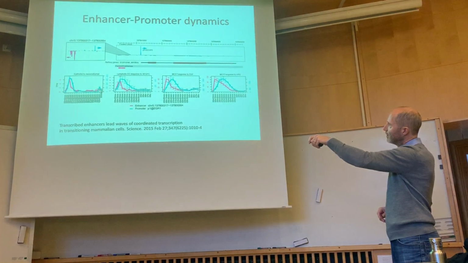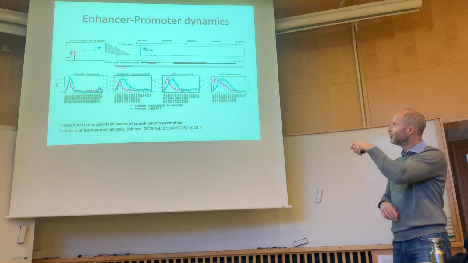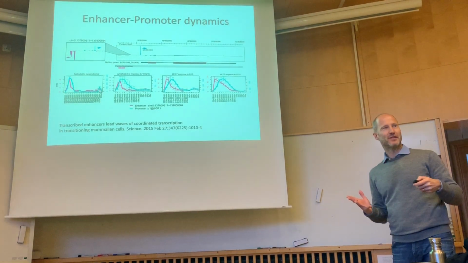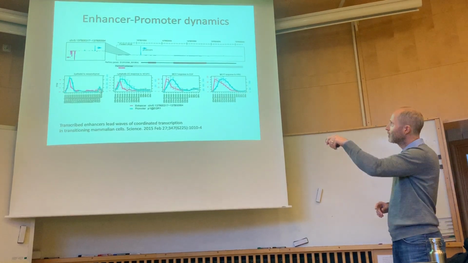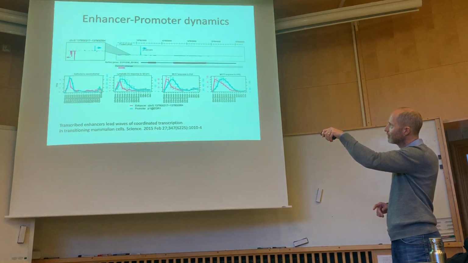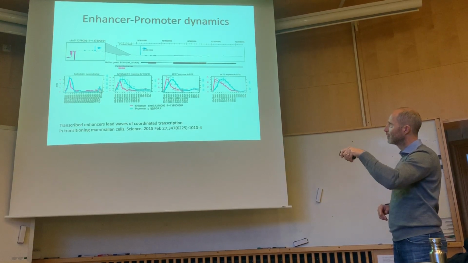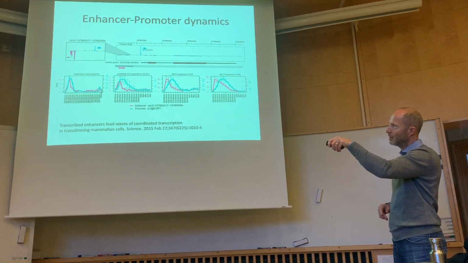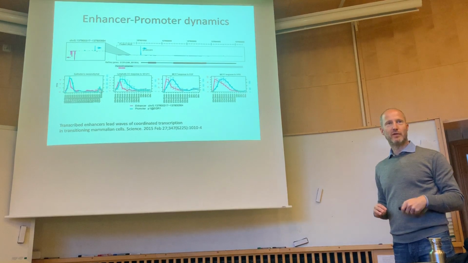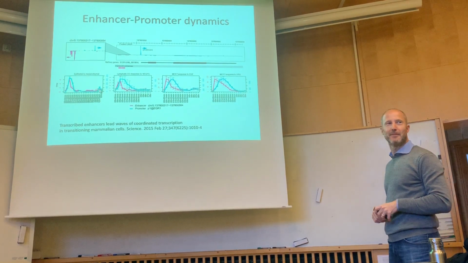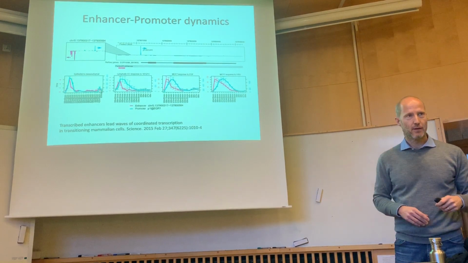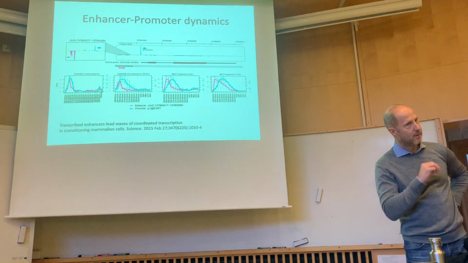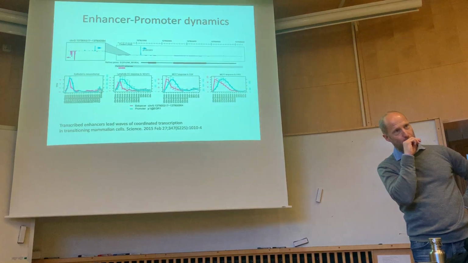What you see when you look at the timing of these two things, and here as well, and here as well, and maybe here a little bit if you're very positive thinking, is that as long as the enhancer stops contacting the gene, then the promoter also doesn't really work.